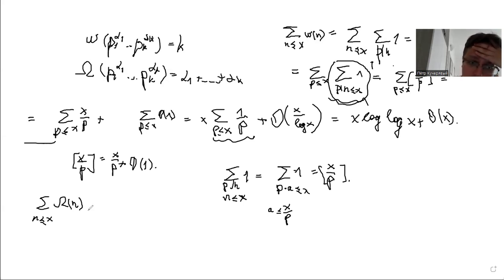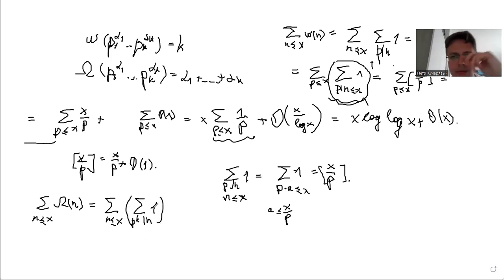Do you understand this formula? And now it's just the sum over powers of primes of x over p to the power k.